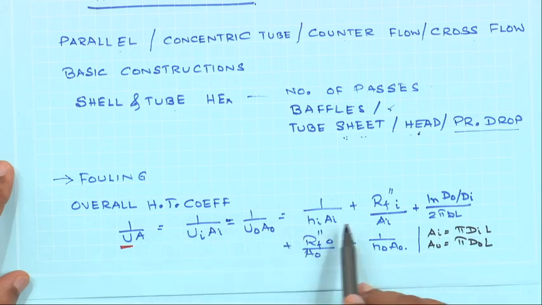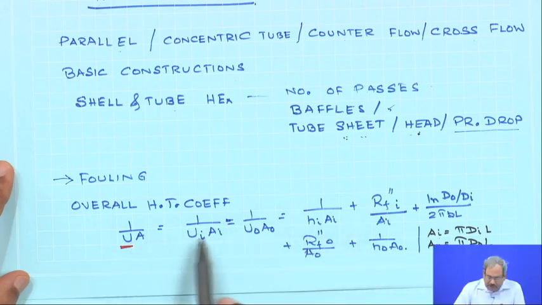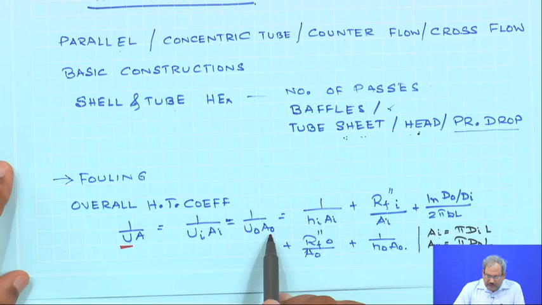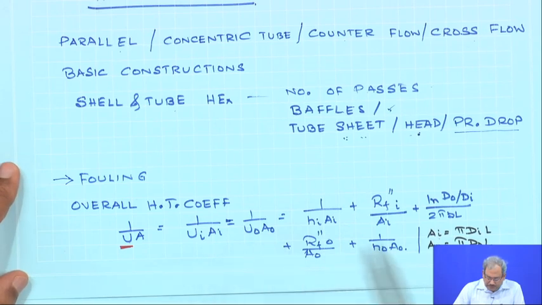So, U can be defined based on the inside, or U can be defined based on the outside. So, the suffix of A in this term would determine how you express U, in terms of internal area or in terms of external surface area of the tube.